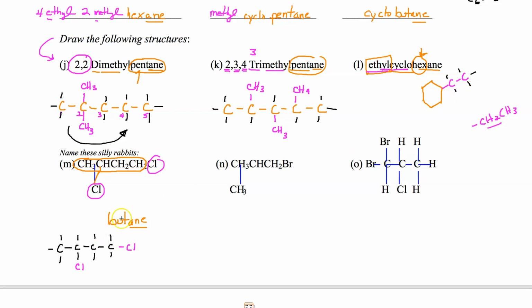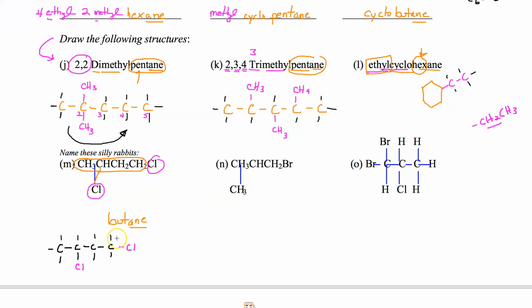Where are they? Now we could name this incorrectly 1, 2, 3, 4, and that'd be a 2, 4, okay? Remember, there's 2 chlorines, so dichloro, but that's not correct. All right, so we go undo that and undo that.